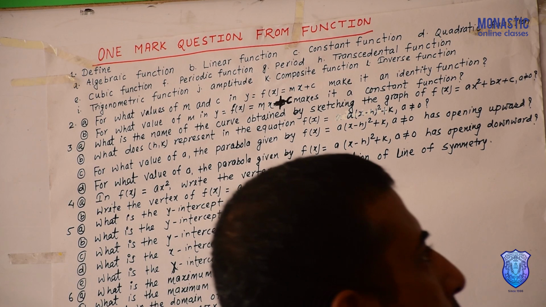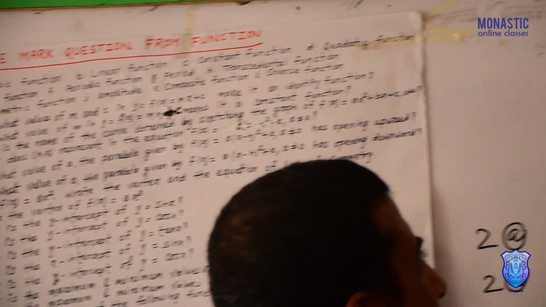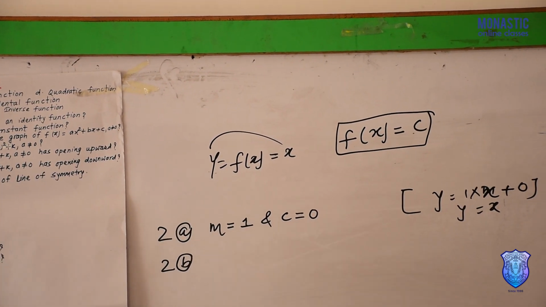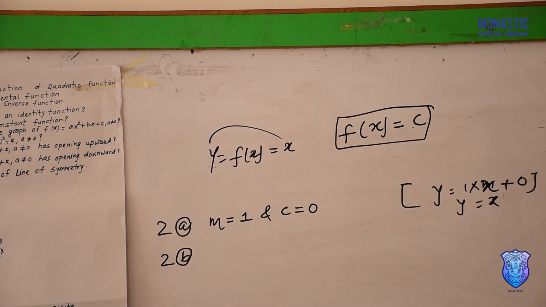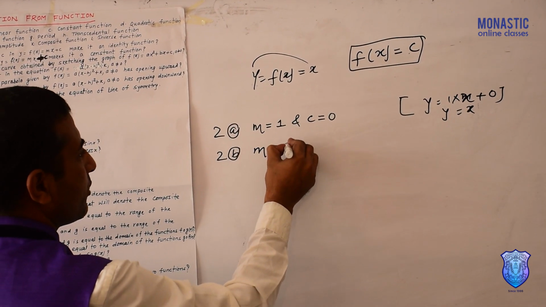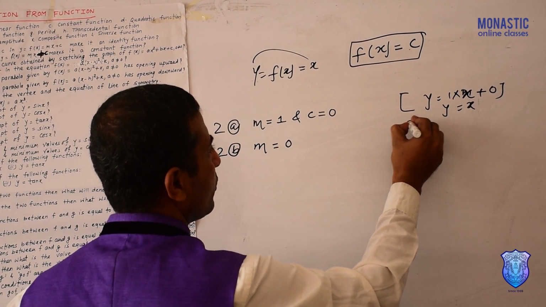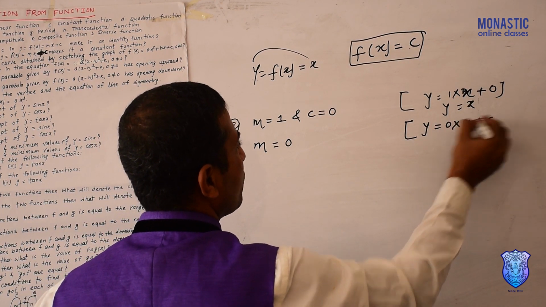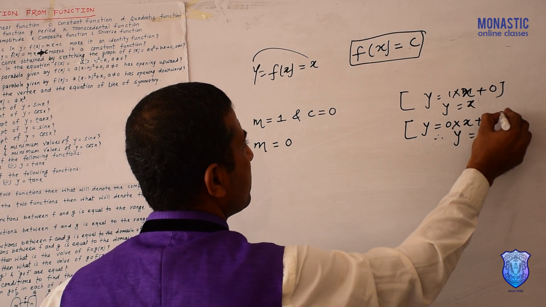You know that for a constant function, f of x is equal to c. We want only c, so m must be 0. So we can write m is equal to 0. If you put 0 in place of m, then it will be y is equal to c.